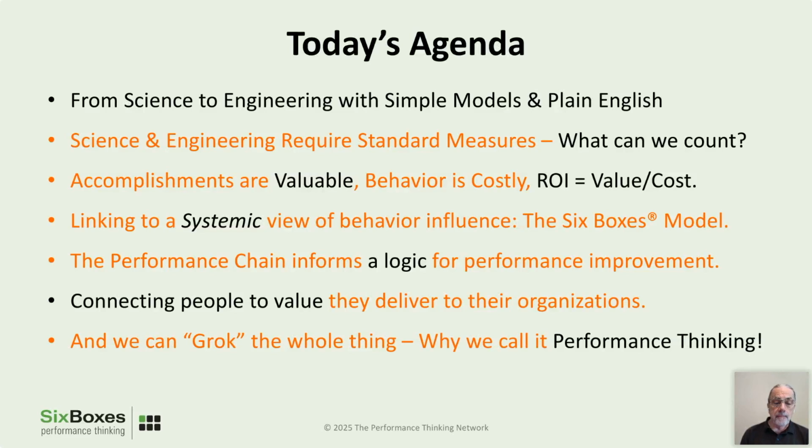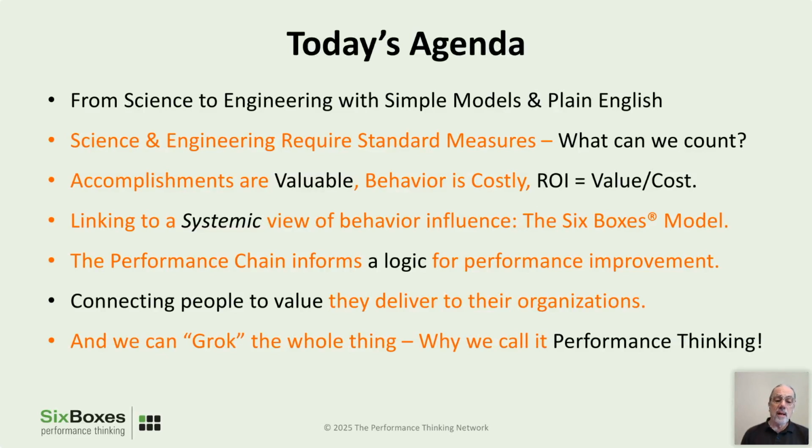But one of the things about it is measurement. And there's lots of conversations about measurement. I want to show you how the performance chain gives us a framework for thinking about measurement. And of course, if we're doing science or engineering, either way, we need standard units of measurement. So that's convenient.